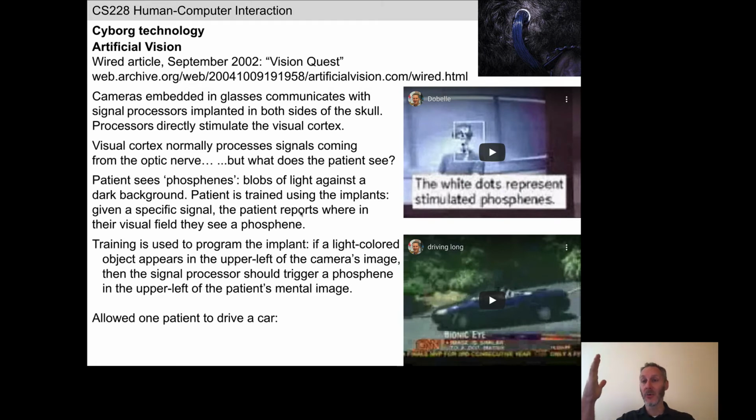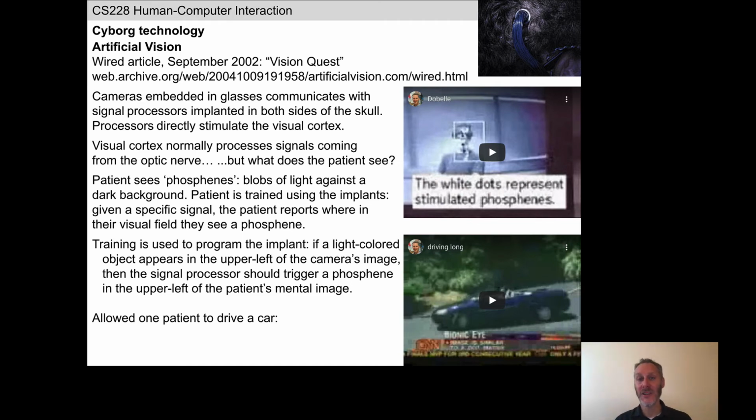So if, for example, we flash a flashlight on the right side of the human wearer and they report seeing a bright phosphene on the left, we alter the signal processor so that now the bright light out on the right side of their body produces a phosphene on the right side of their visual field.